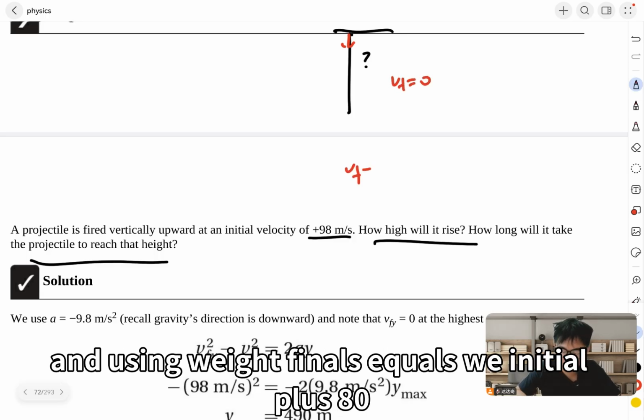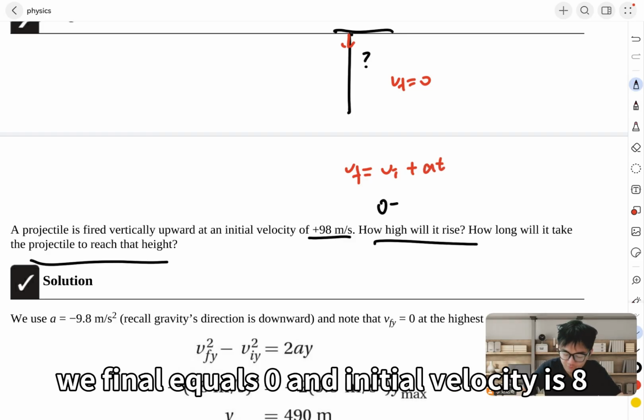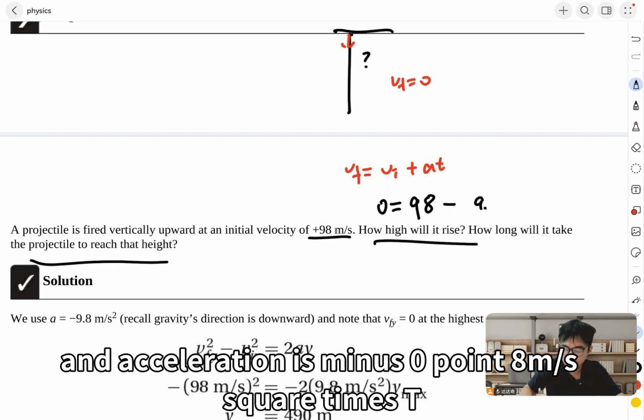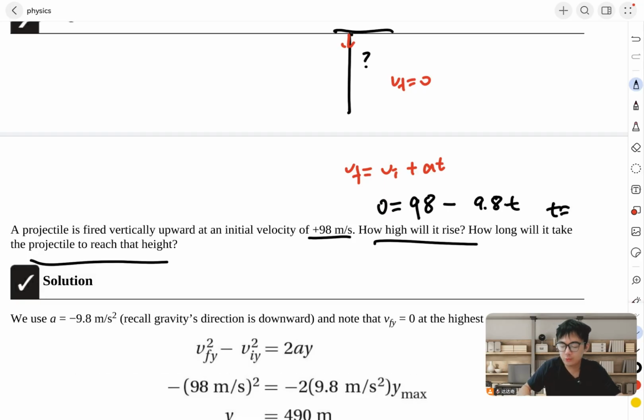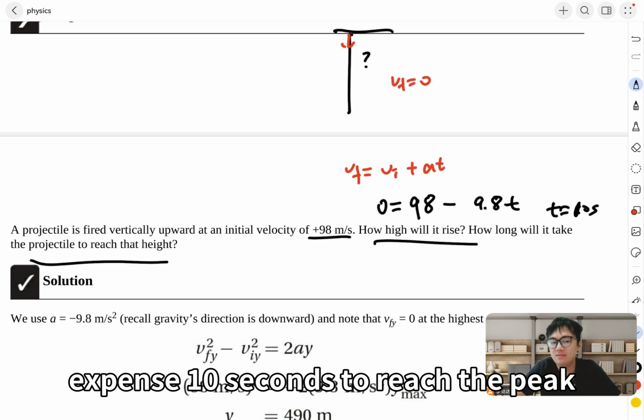And using V final equals V initial plus at, we can plug the values in. V final equals 0, initial velocity is 98, and acceleration is minus 9.8 meters per second squared times t. So we get the time is 10 seconds. It spends 10 seconds to reach the peak.